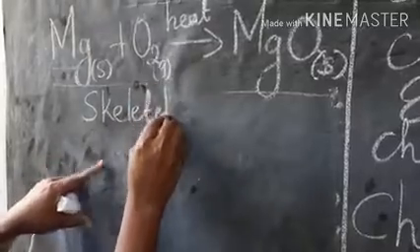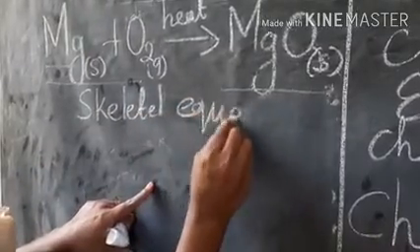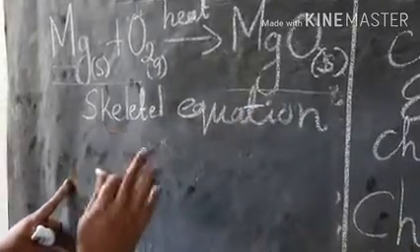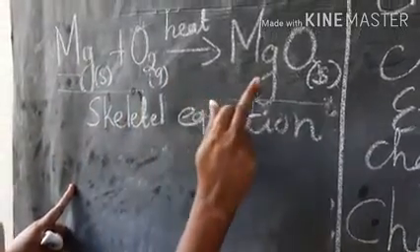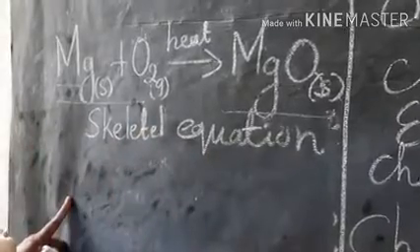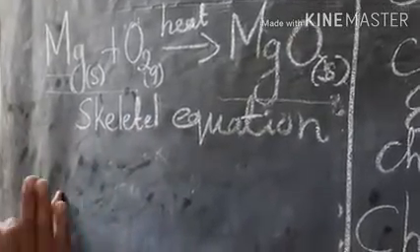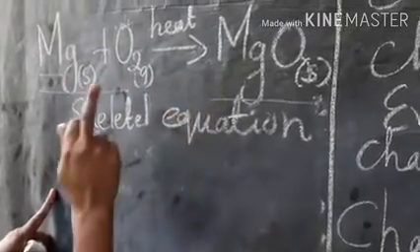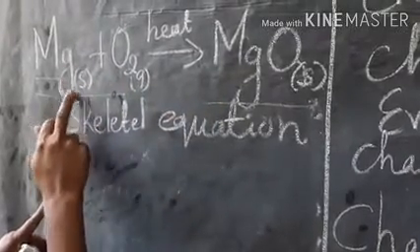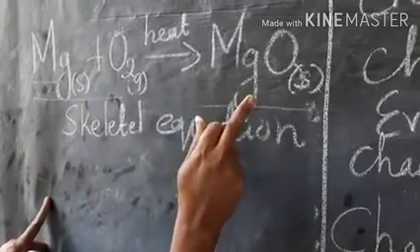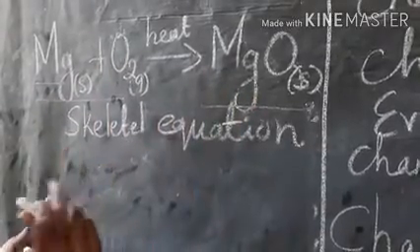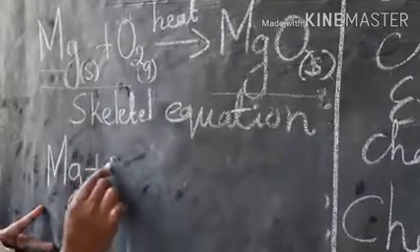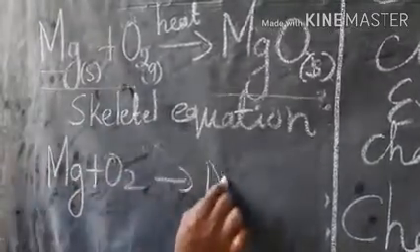Skeletal equation. That means the unbalanced equation is called a skeletal equation. It should be balanced. Why? According to the law of conservation of mass, the number of atoms in the reactant should be equal to the number of atoms in the products. Look here. Once again, I am writing that equation: Mg plus O2 gives MgO.